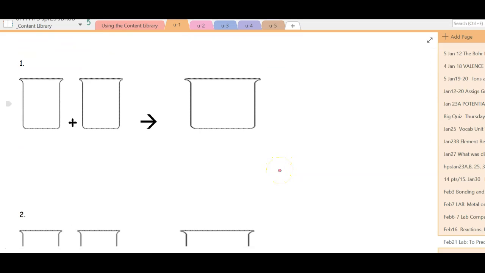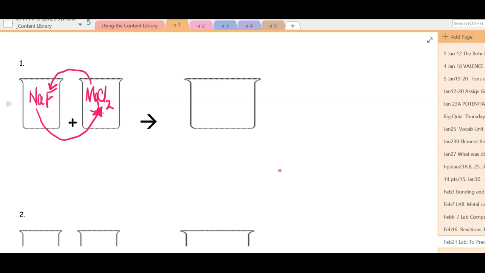So let's say we have NaF here, sodium fluoride, and then we have MgCl2 here. Now, when these go together, sodium and chlorine would form, and magnesium and fluoride would form.